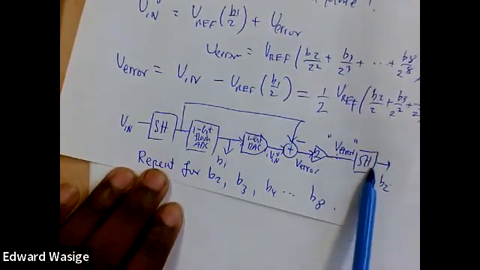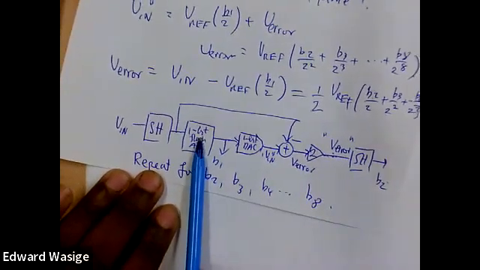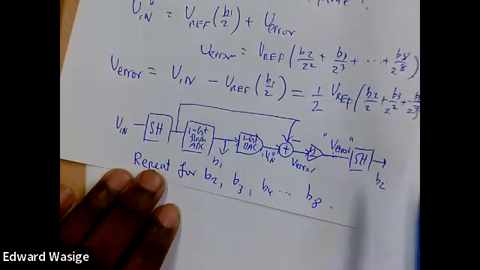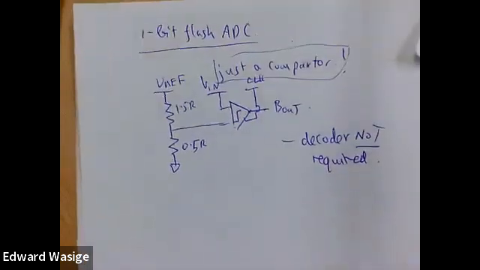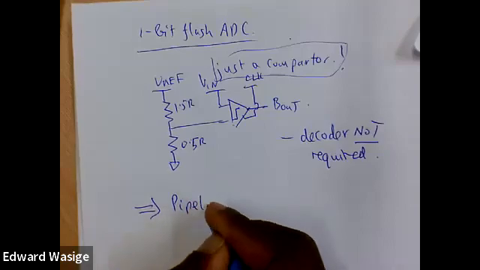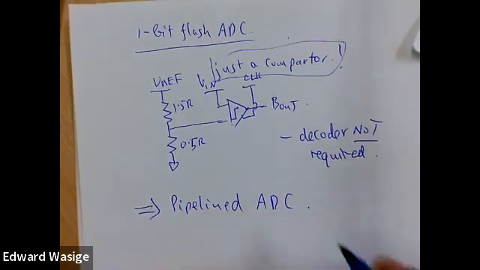So we need to hold it, determine B2, generate the error, and so on and so forth. And for that reason, this is called a pipeline, or a pipelined ADC.